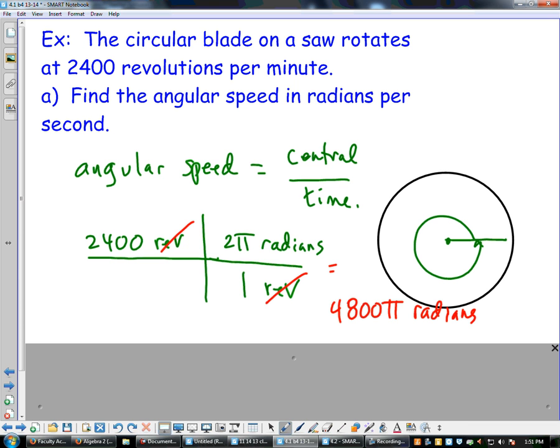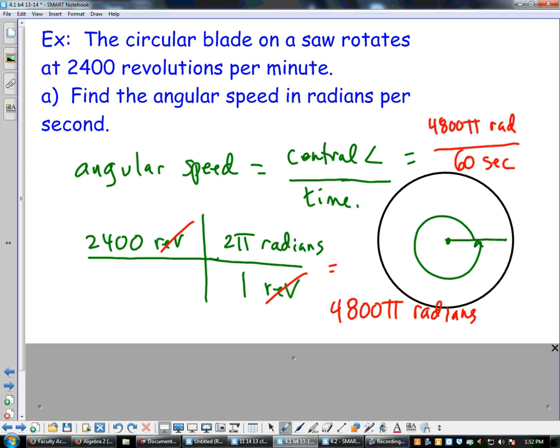Oh, I didn't write angle. Central angle. So I'm going to have my answer as 4,800 pi radians divided by what? Oh, we want it in terms of seconds. 60 seconds. All right.